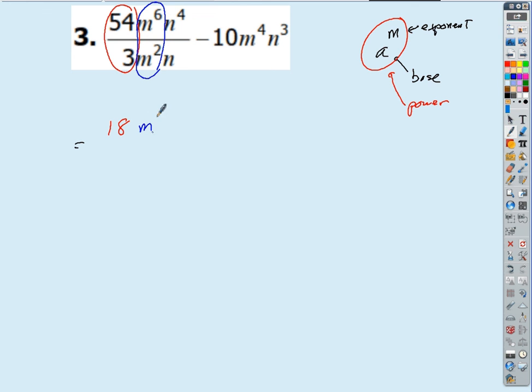M to the 6 minus 2. And then how about this one? N cubed. So I have 18 m to the 4th n cubed minus 10 m to the 4th n cubed. So I get 8 what?